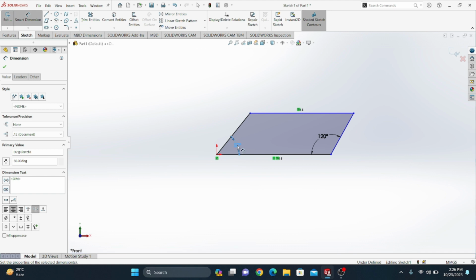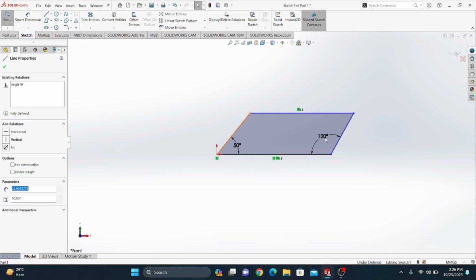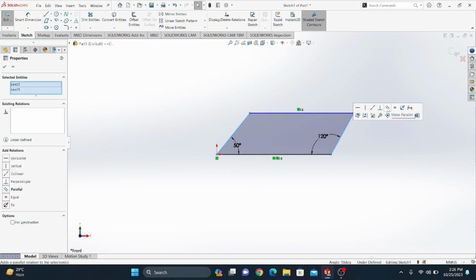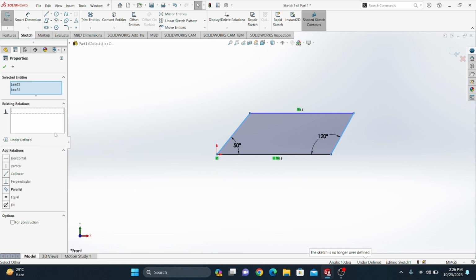Okay, it's 50 degrees. But now if I again give the parallel relation, make them parallel, it will not make them parallel because we already defined them. A defined sketch will not get any relation.